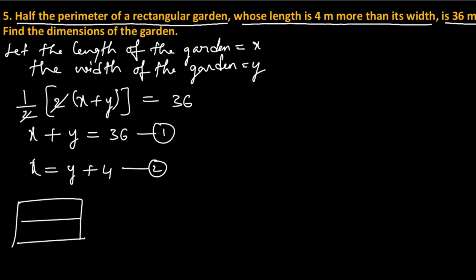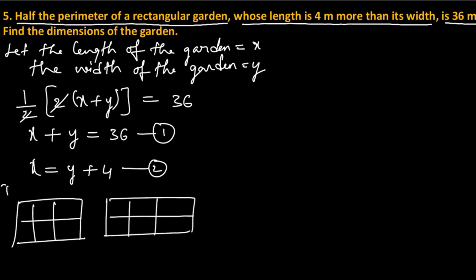For the first equation, one table, and for the second equation, another table. This is for the first and this is for the second. X, y. If I take from the first equation x is equal to 0, then 0 plus y is equal to 36.